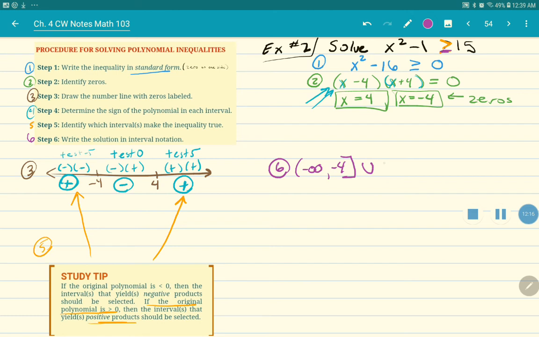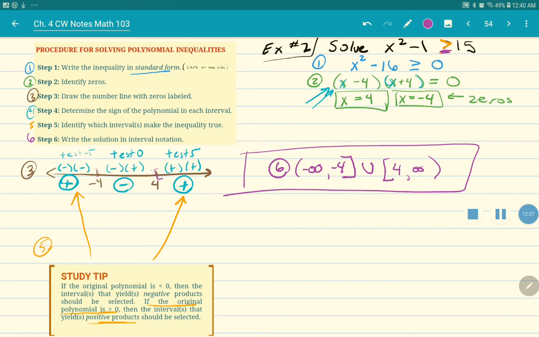And then union, and I'm going to include the 4 because, again, it's inclusive with that equal sign. So these are going to be included up to infinity. And I don't include infinity because we never reach infinity. And that's my final answer for this example.